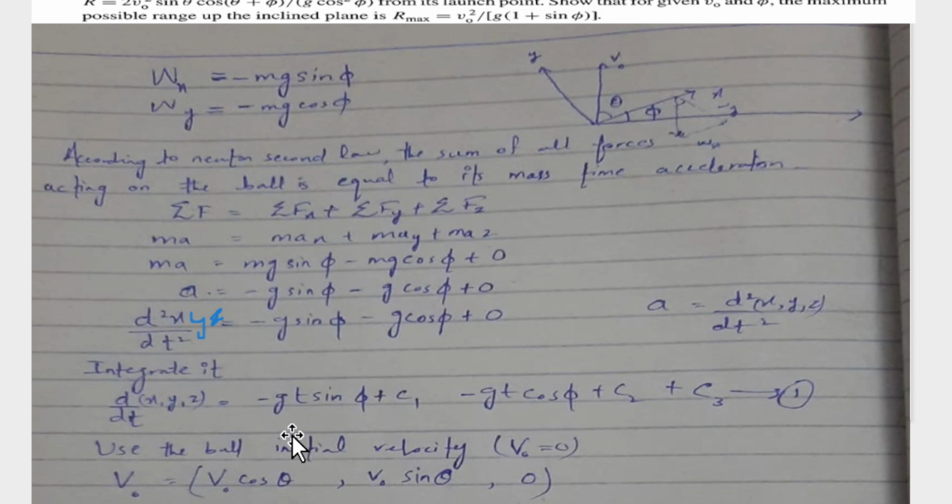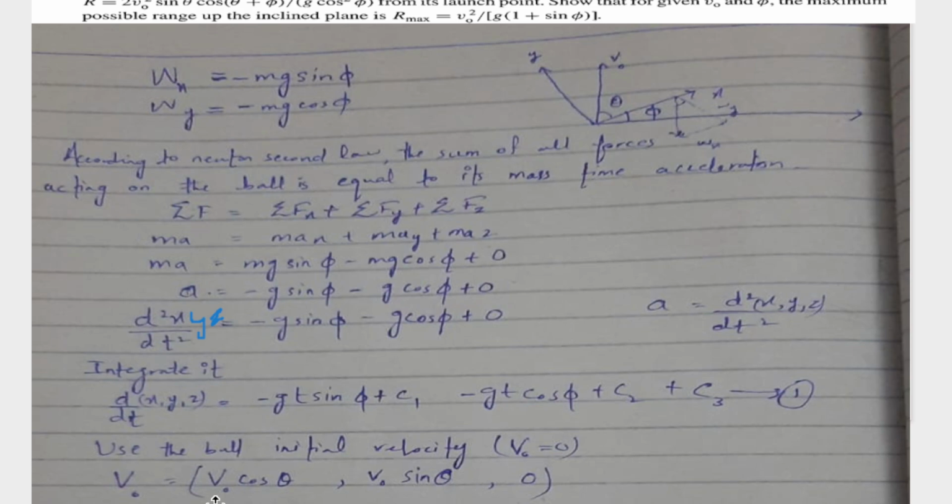Now when we put the value of time 0, we can see the values are this. So c1 equals 0, c2 equals 0, c3 equals 0, as you consider.